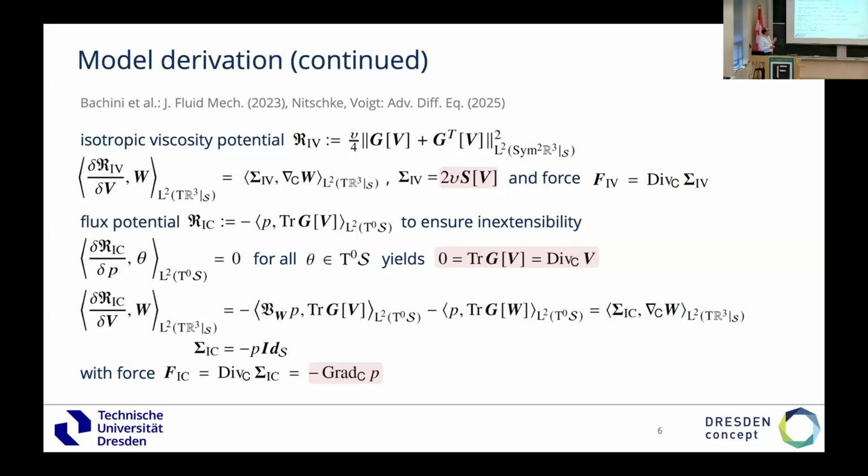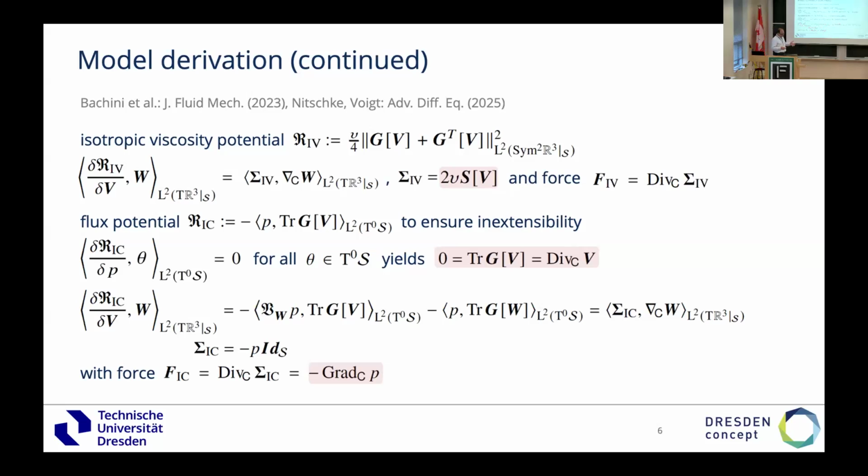And then we incorporate a constraint. We want our surface fluid to be inextensible. So we incorporate this by a Lagrange multiplier, that will be the pressure. Doing the variation with respect to this additional process variable gives us just our constraint, and with respect to the velocity, gives us an additional term which enters our momentum equation.